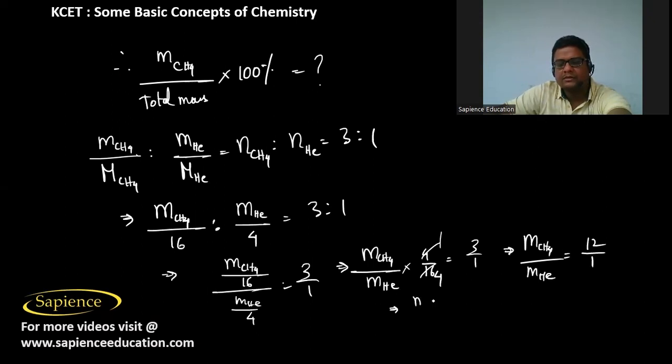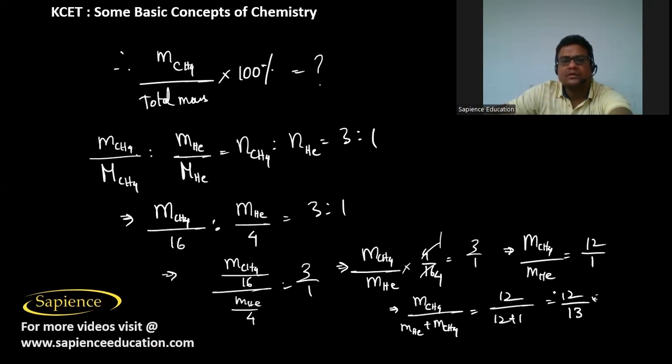Therefore, the mass of methane by mass of helium plus mass of methane, that we have to find. So that is equal to 12 by 12 plus 1, so that is equal to 12 by 13. Okay. So this mass of helium plus mass of methane is the total mass of the mixture.